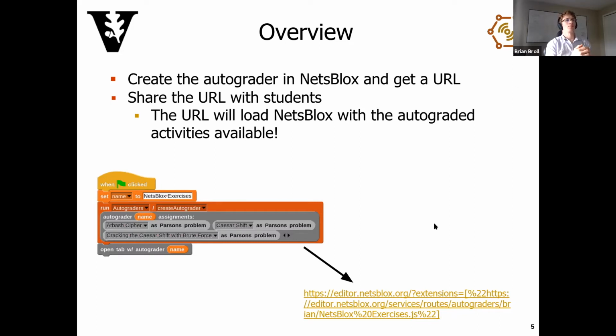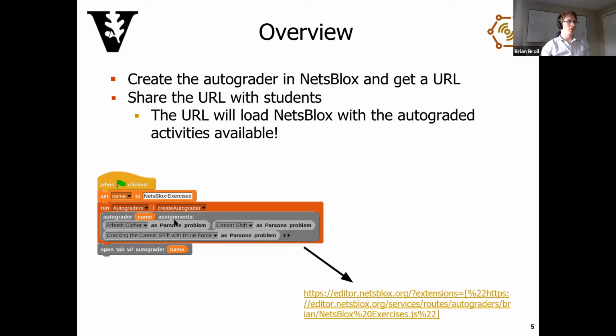So an overview of this process of creating autograders before we jump into it: we create an autograder in NetsBlox, shown with these scripts here. Now these are using a few custom blocks to make it a little bit easier, and we'll get into both using it with custom blocks and making one from scratch during this workshop.